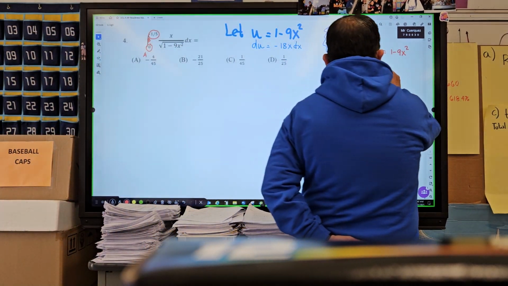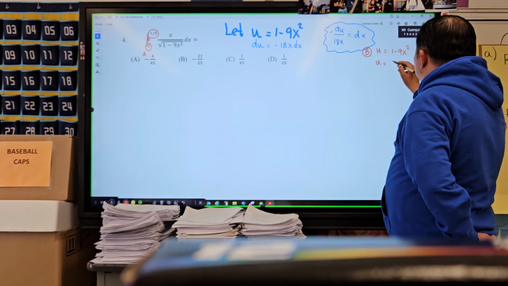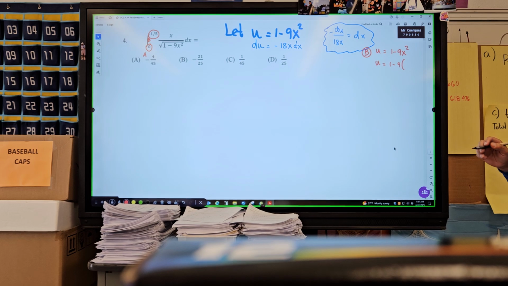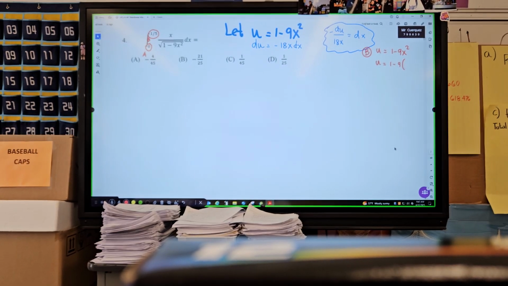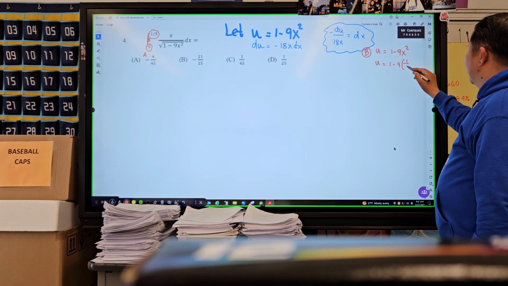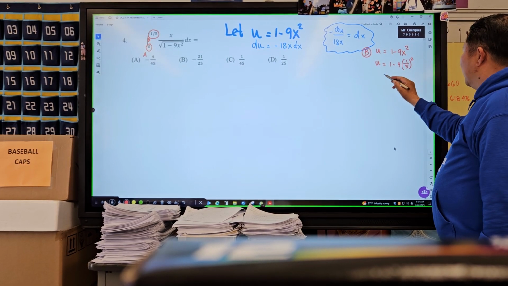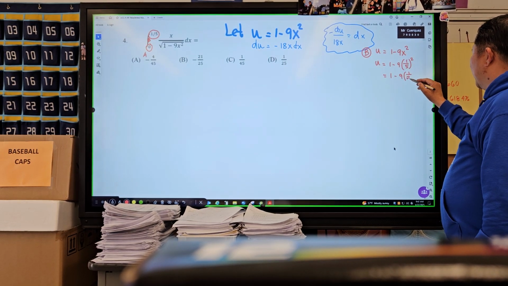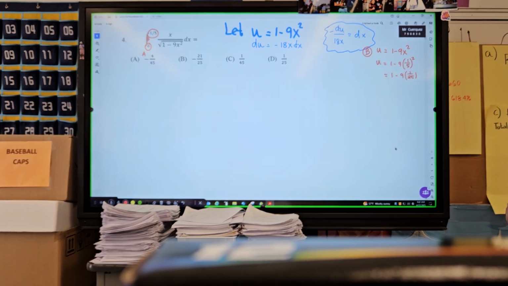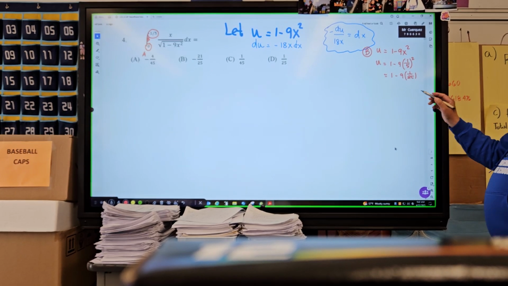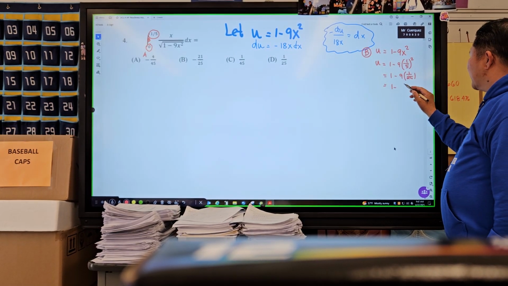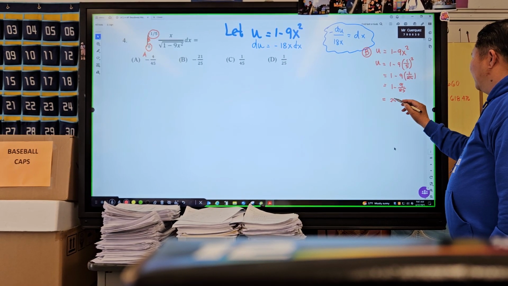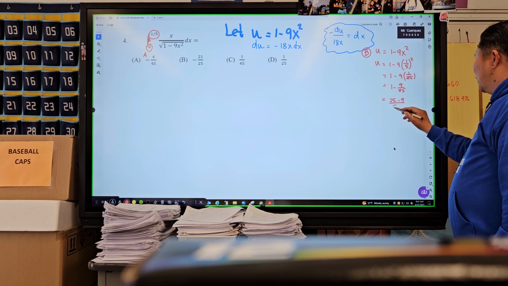We have u equal to 1 minus, the given limit is 1/5, so 1 over 5 squared. So this is 1 minus 9 times 1 over 25, then 1 minus 9 over 25, then 25 minus 9 over 25.